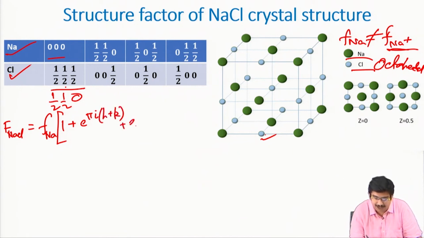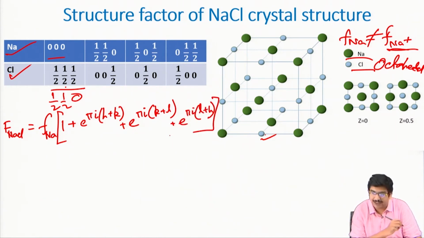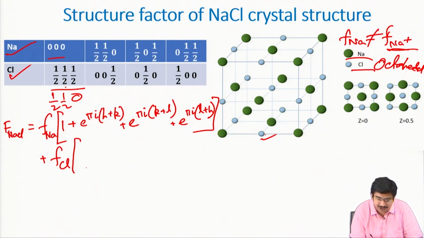So, this is the expression for sodium, and now we have to write a similar expression for chlorine, and that will come a little different because of the atomic positions, or you can interchange also, but ultimately it will boil down to the same. We will see how.